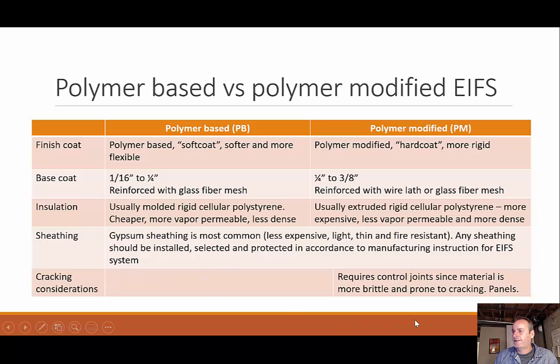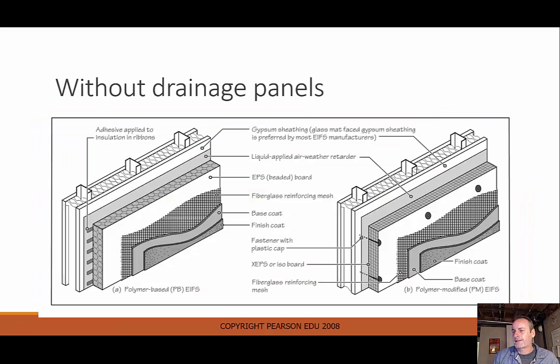And cracking considerations. With our polymer modified, we do require control joints because it is more of a rigid structure. It can't move. That means that when it tries to expand or contract or whatever else is going on with movement, it'll start cracking. Because of that, we control that by adding control joints. Quick slide just showing the difference between PB and PM, and we've basically discussed it.